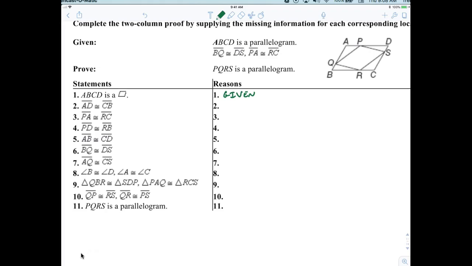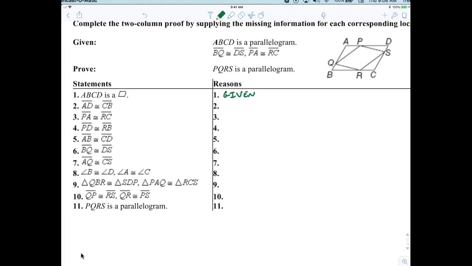Why is that? Parallelogram. I'm not really going to say it's the definition of parallelogram, because the definition just says the opposite sides are parallel. But we have proven that they have to be congruent. So we would just say that opposite sides of a parallelogram are congruent. Simple as that.